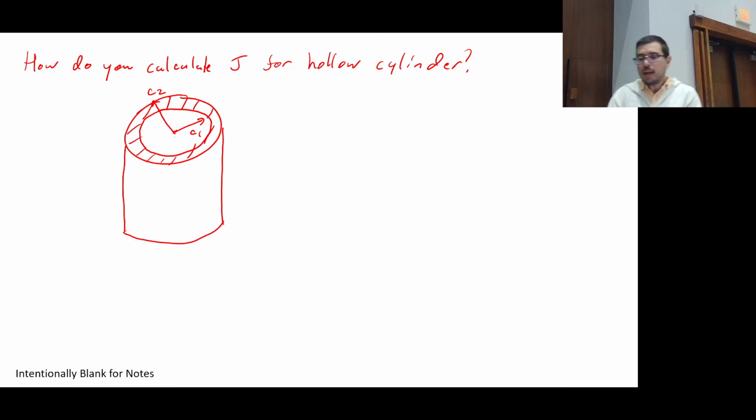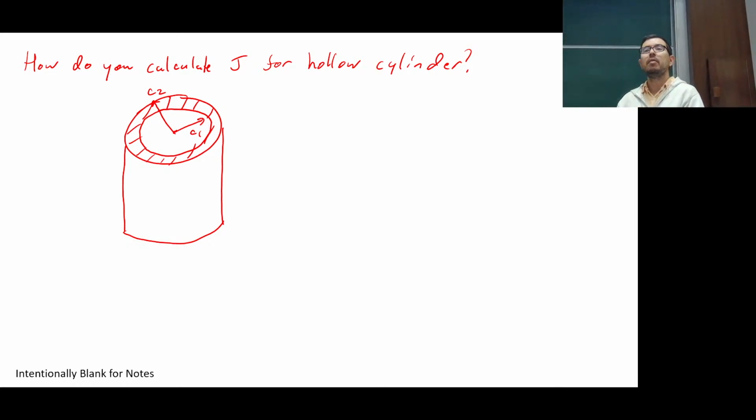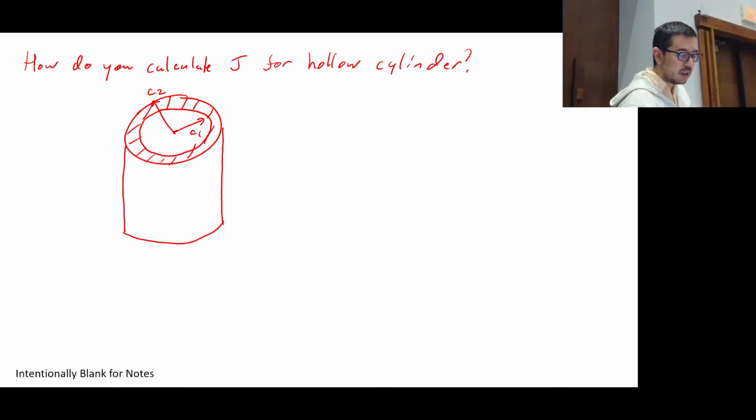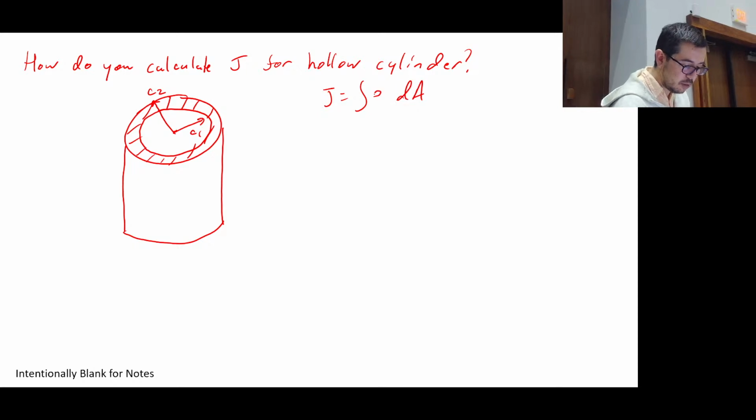You can think of it as, I'm losing some of my material, so it's not resisting as much. And the integral that you're trying to solve is the integral of rho squared dA. This is the integral that you're trying to solve.